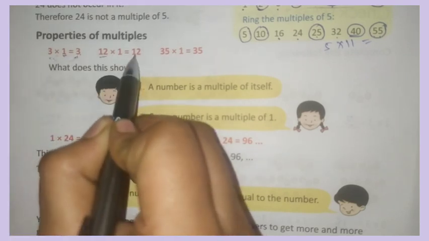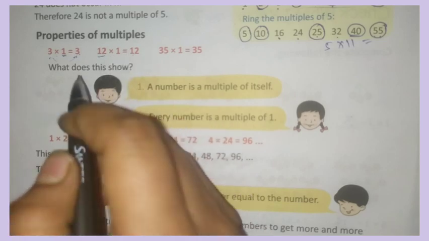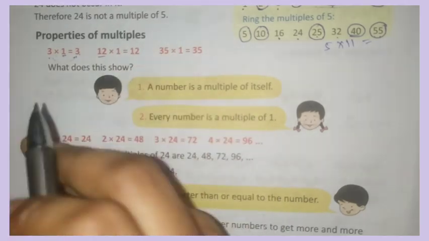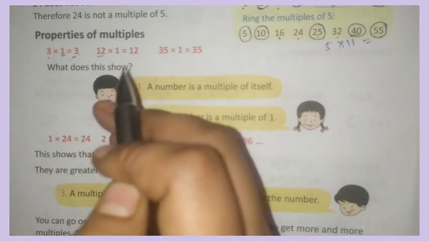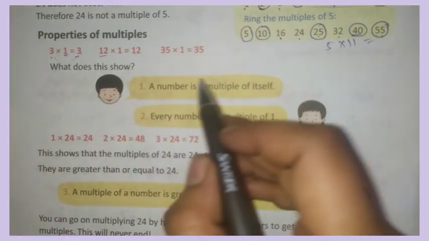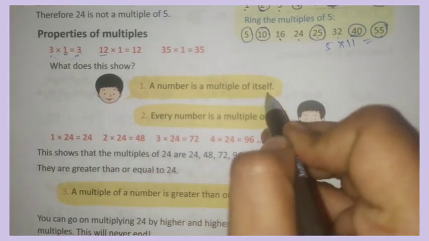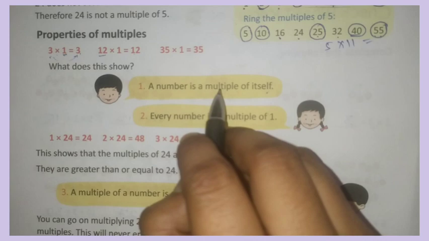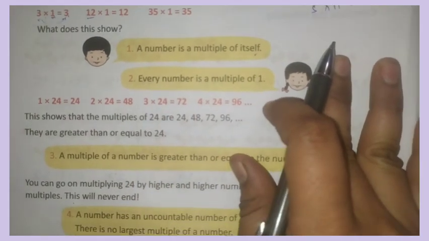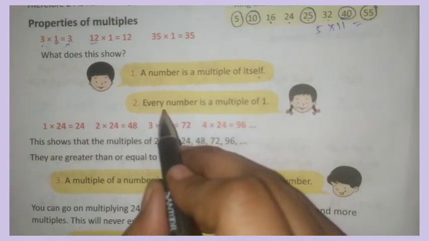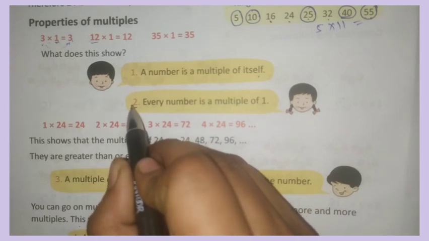Yes. 4 ones are 4, 6 ones are 6, 5 ones are 5, 9 ones are 9, 12 ones are 12, 100 ones are 100, like that. So a number is a multiple of itself, which means every number is a multiple of itself. Okay. Now look at the second property.